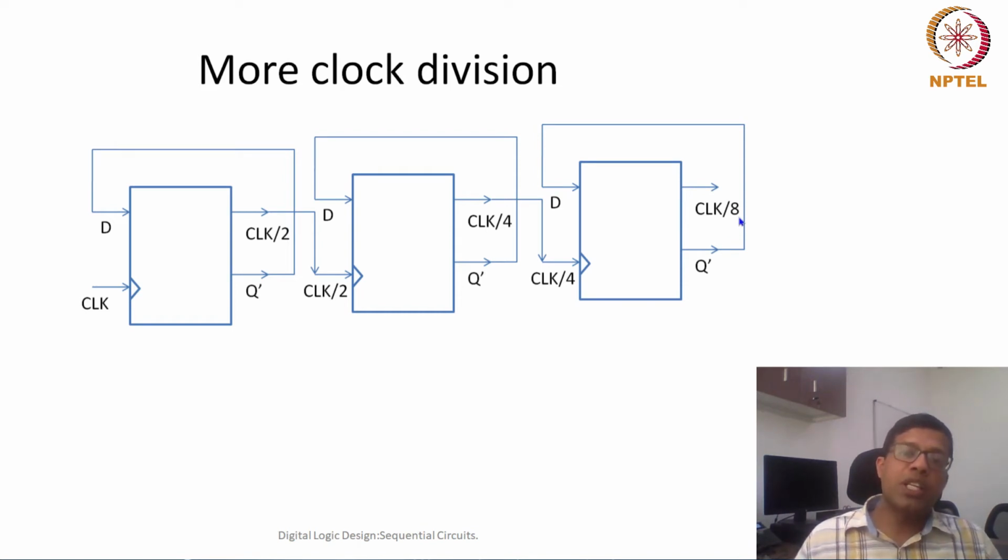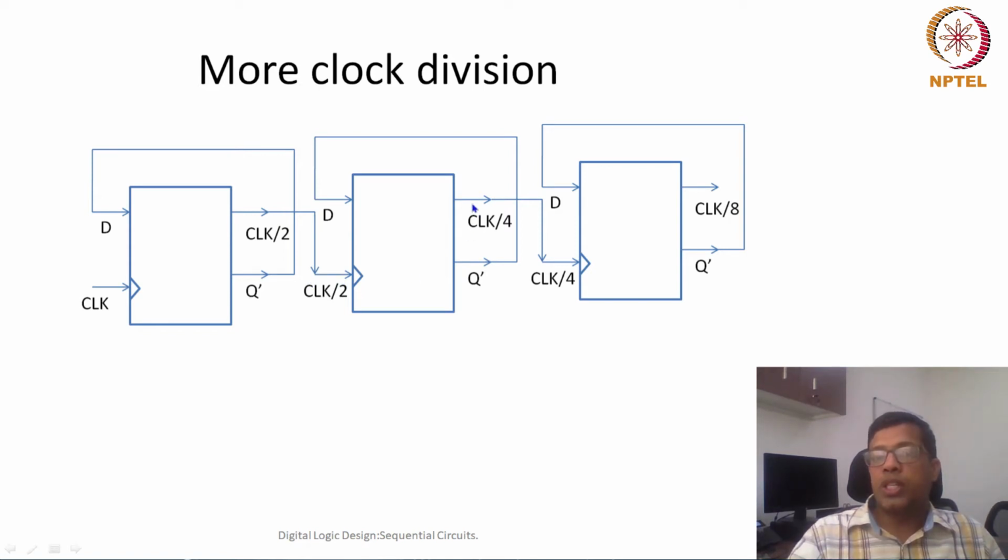So this way we can keep on doing it recursively to achieve whatever division we would like to make. Let's say I would like to divide the clock by 1024, then I would require 10 such flip-flops. For each flip-flop the circuit is going to be the same, or I can use all T flip-flops where the T value is 1, but the output is connected as a clock to the next cascaded flip-flop.